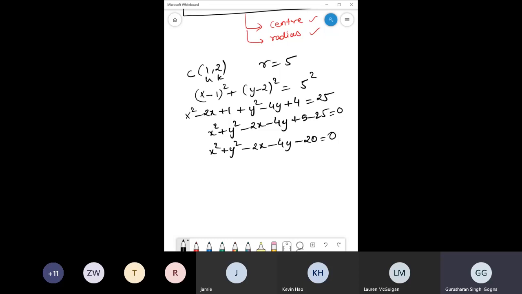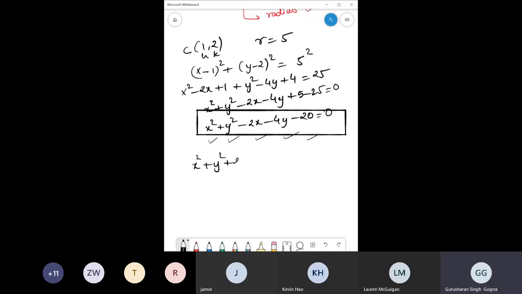Okay, now why did I give you this example? Because this is the general form of the equation. General form of the equation means you will see an x square term, y square term, x term, y term, and constant term. This represents the equation of the circle. And that's why there is a formula given in your logbook, which is x square plus y square plus 2gx plus 2fy plus c equals to 0.